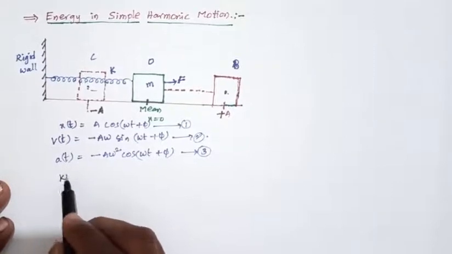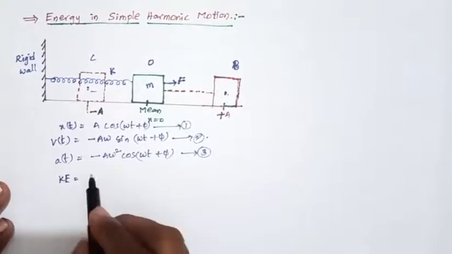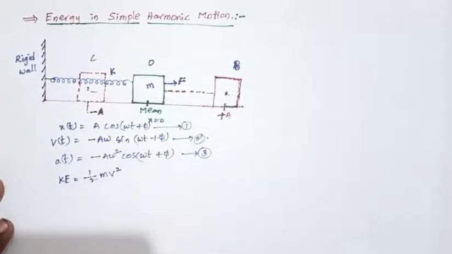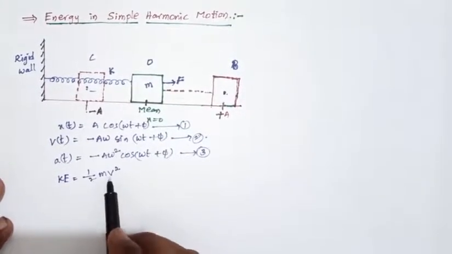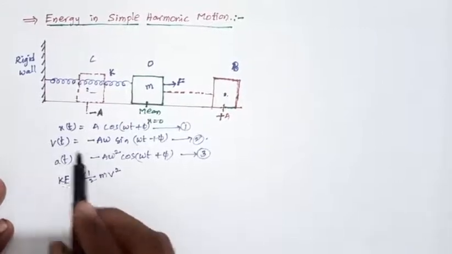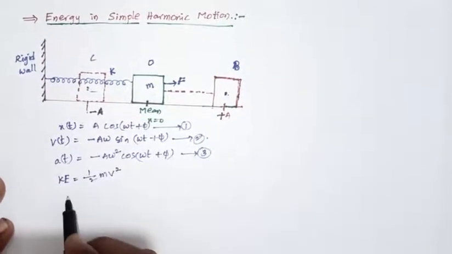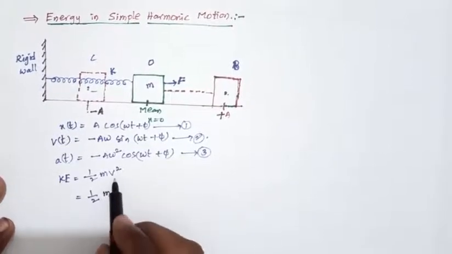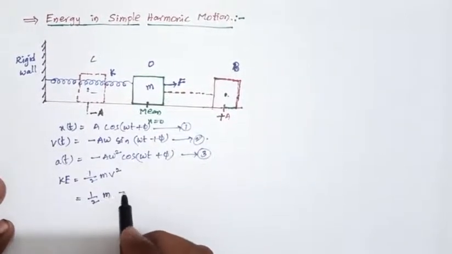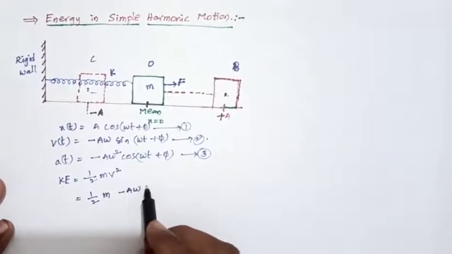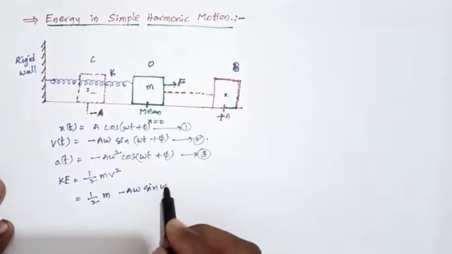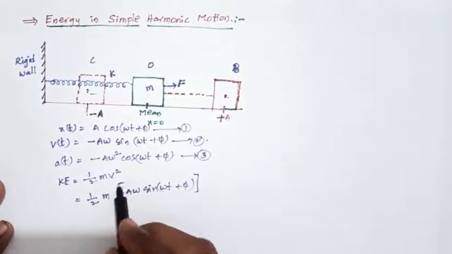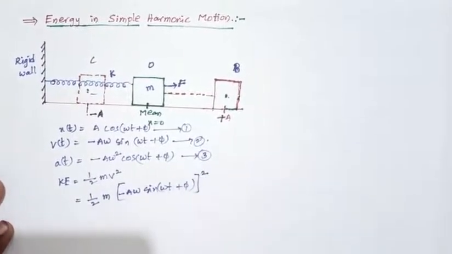Kinetic energy, denoted KE, equals half m v squared. Here v is v of t, so KE equals half m times minus A omega sin of omega t plus phi, whole squared.